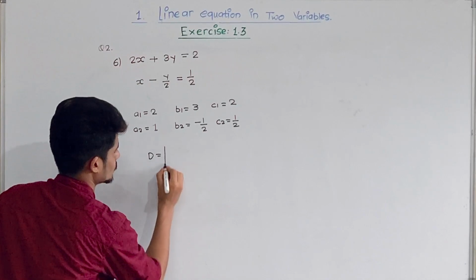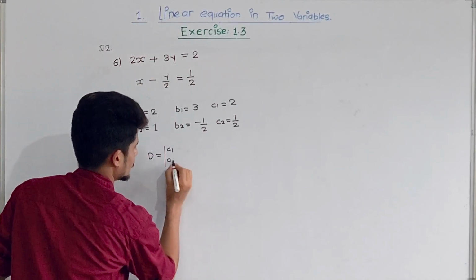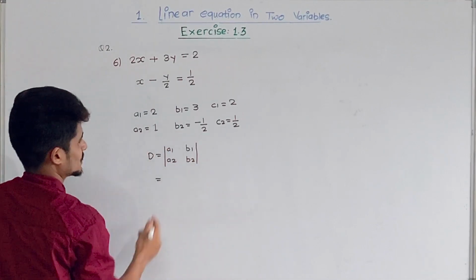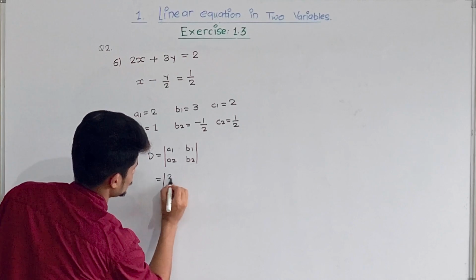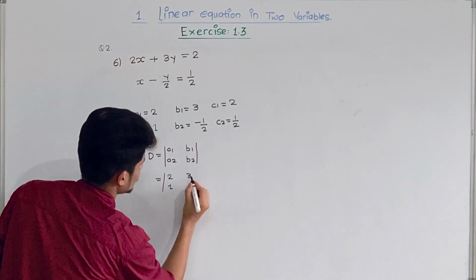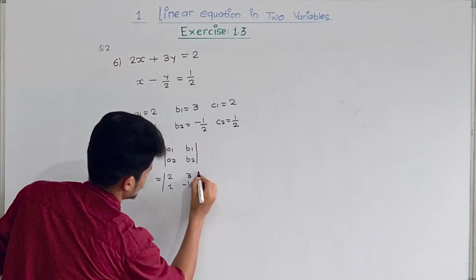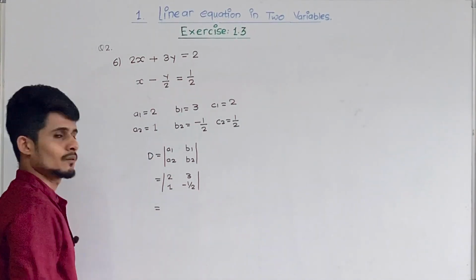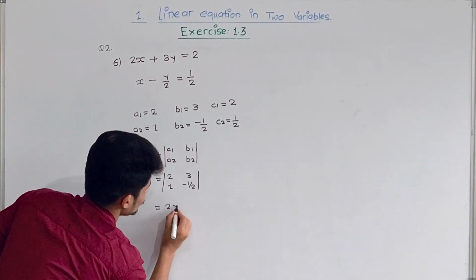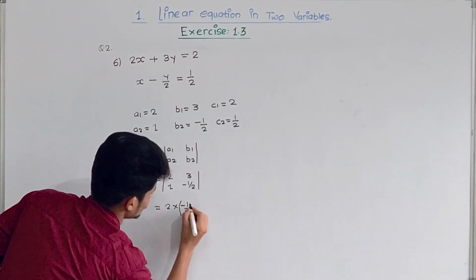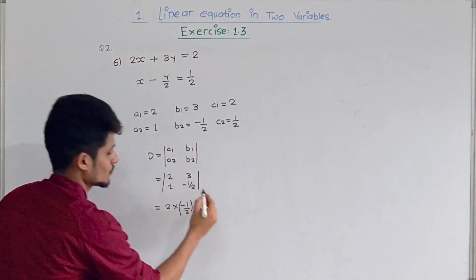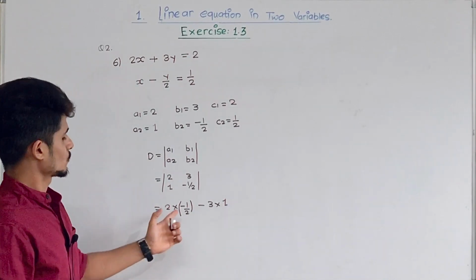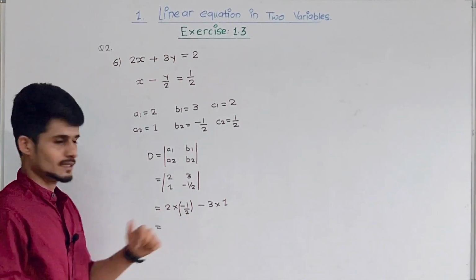D is equals to a1, a2, b1, b2. Substitute the values. a1 is 2, a2 is 1, b1 is 3, b2 is minus half. Cross multiply and subtract. 2 into minus half, minus 3 into 1. 2 into minus half, 2 get cancelled.